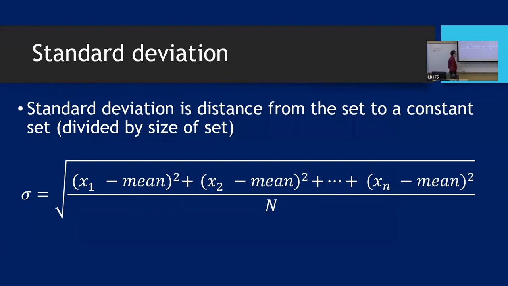And what the standard deviation does is it takes and calculates how far a set is from a constant set, and then we're dividing by the size of the set. Technically dividing by the square root of the size of the set.